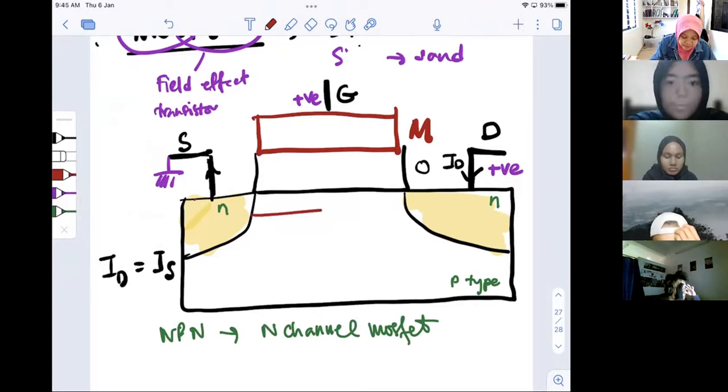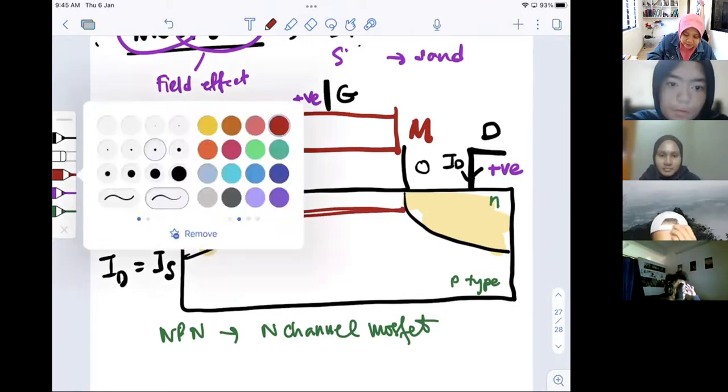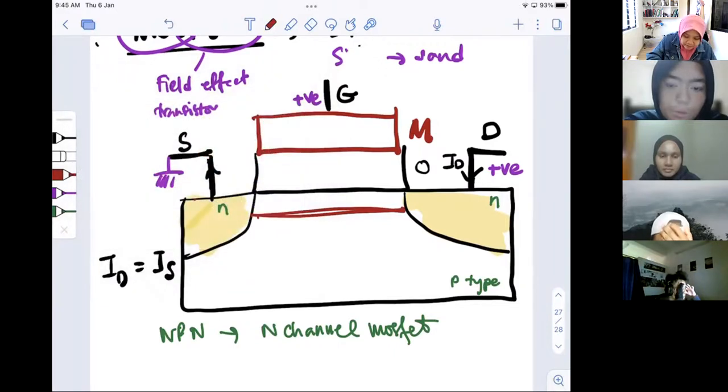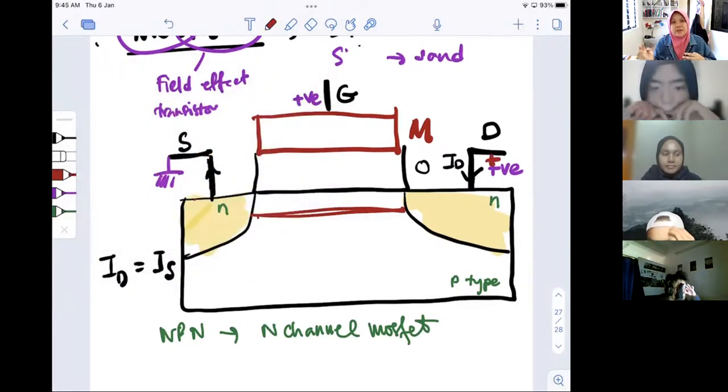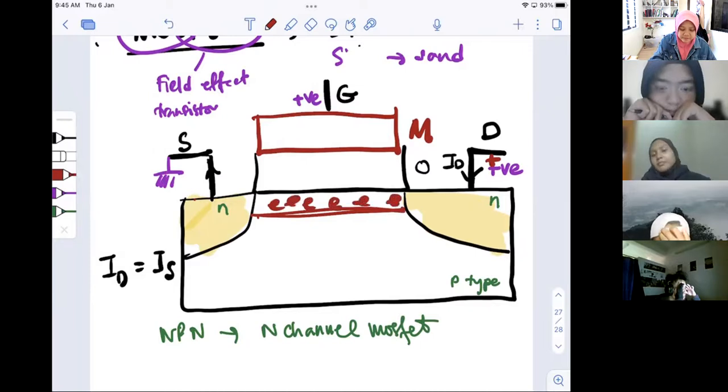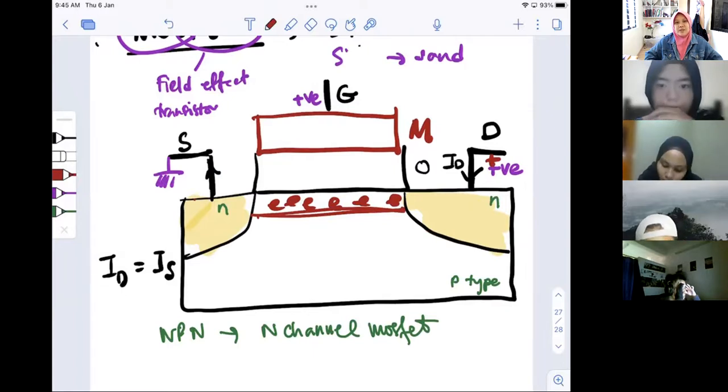So I have this channel over here, but now I double the VD, the drain voltage. I double the drain voltage over here, plus. What happens to the current ID? What happens to the drain current?